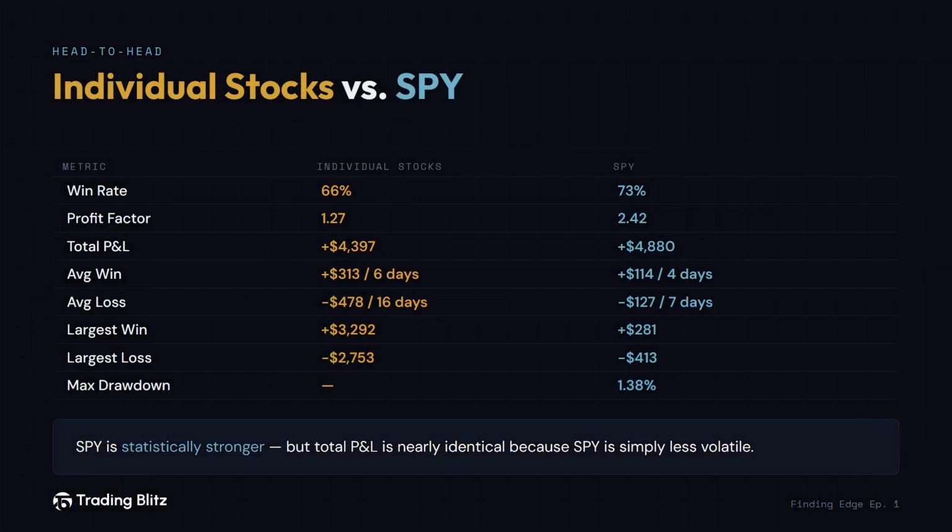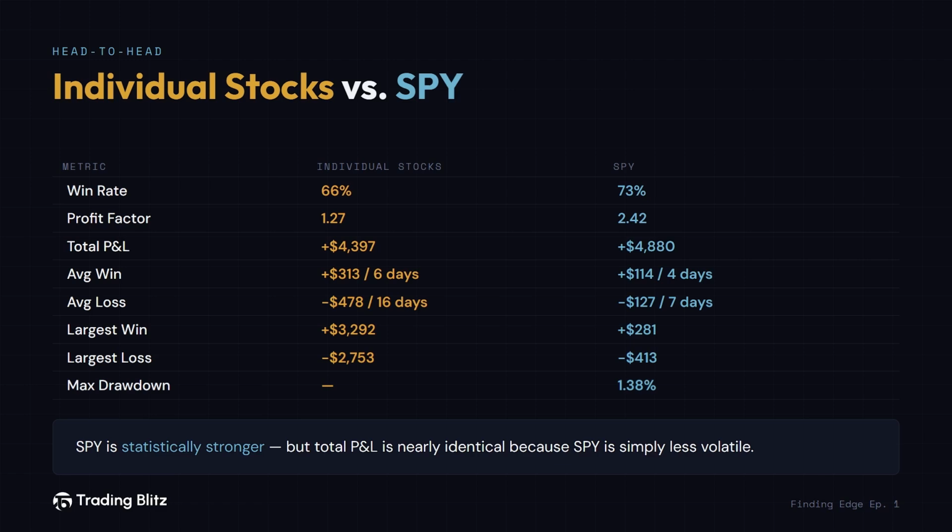In our initial tests, we executed 100 trades on individual large cap stocks using the Trading Blitz simulator. Our starting capital was $100,000, and we used 10% position sizes per trade. The results came in with a 66% win rate and a profit factor of 1.27, and a total gain of $43.97.